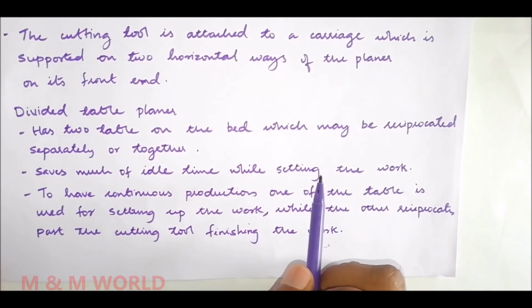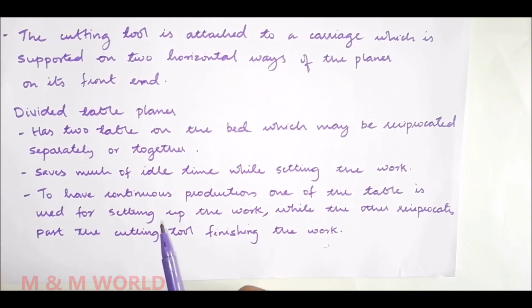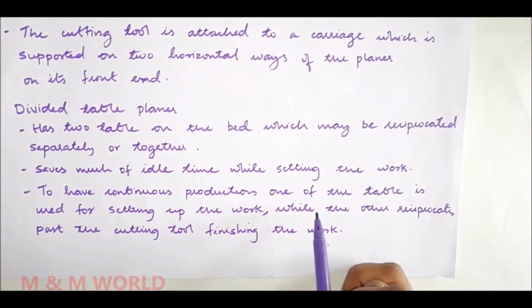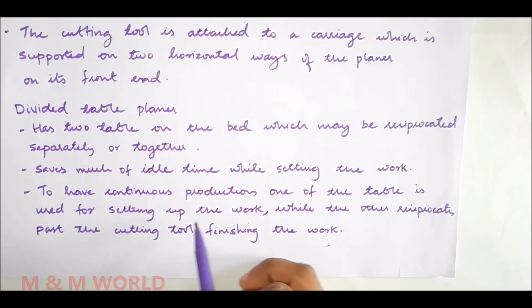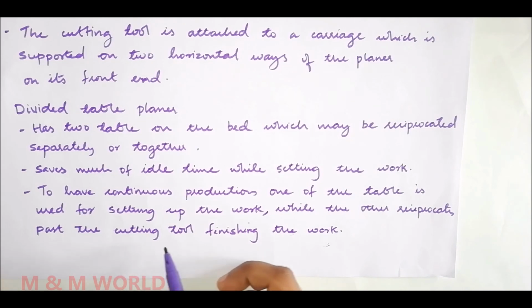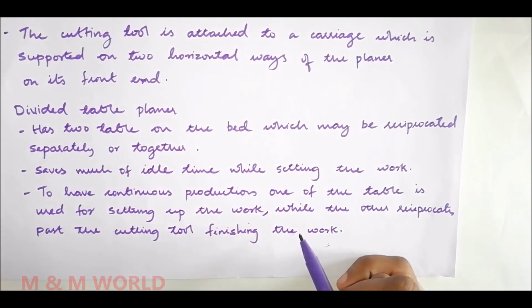The setting up of a large number of identical workpieces on a planing machine table takes a long time. So to have continuous production, one of the tables is used for setting up the work while the other reciprocates past the cutting tool finishing the work.